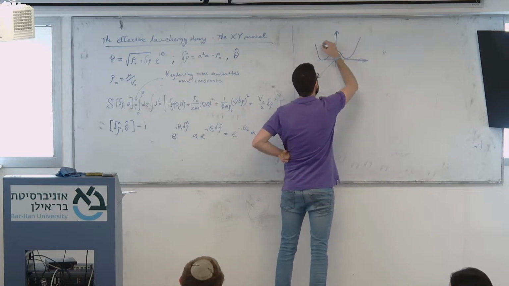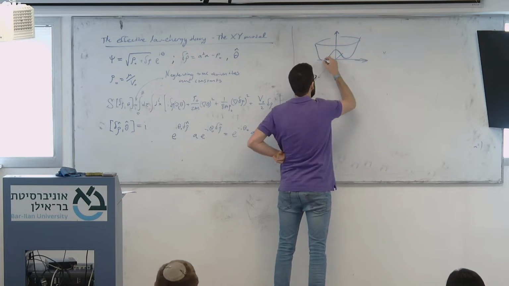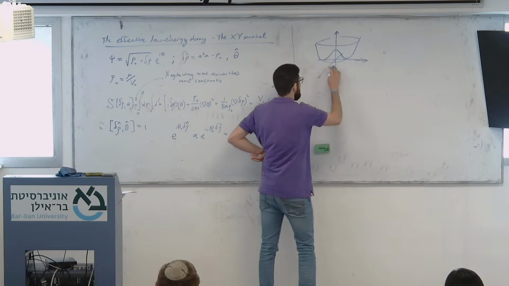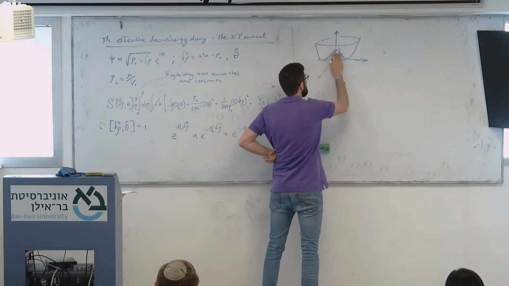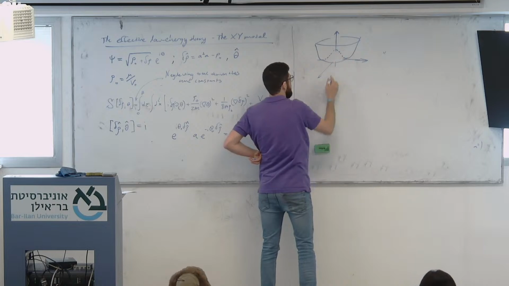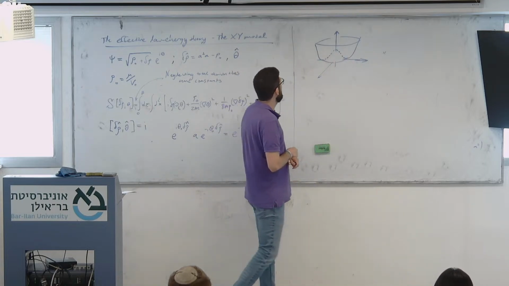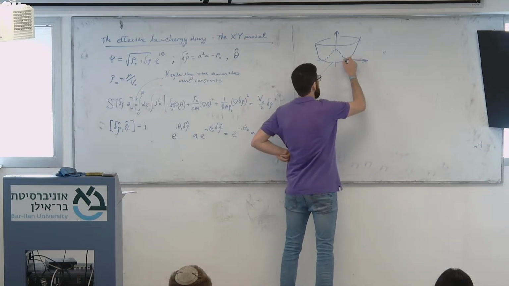So we have this Mexican hat potential. It looks something like this. I don't know if you get my drift. So this is the potential, and then we have two types of modes.